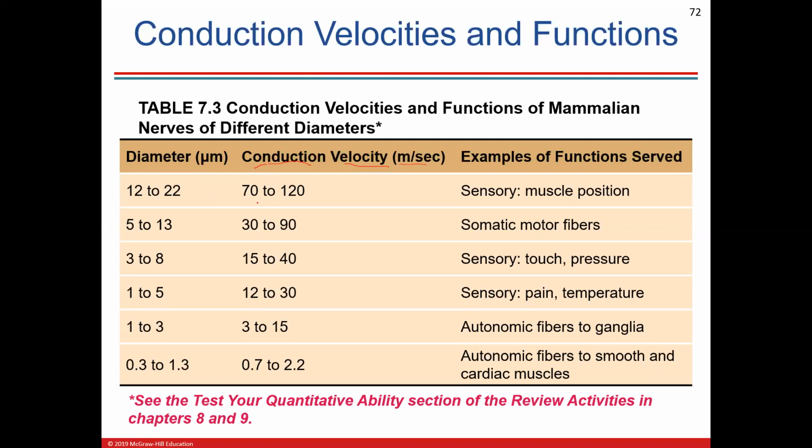If you have, say, a right-sided nerve impingement or a problem with that nerve for whatever reason, it could affect the conduction velocity. So that's kind of practical where that can be used. So looking at the diameter in micrometers, you could see that it's directly proportional. The diameter is directly proportional to the conduction velocity in meters per second, believe it or not, right?